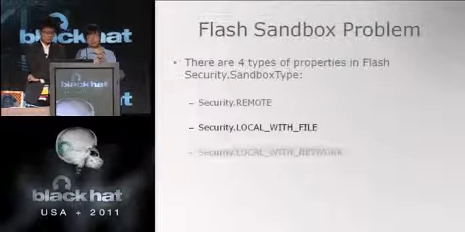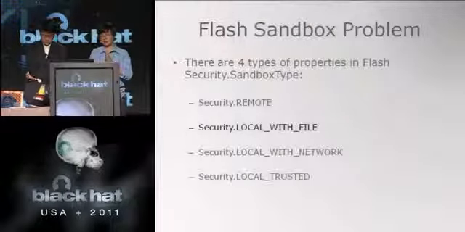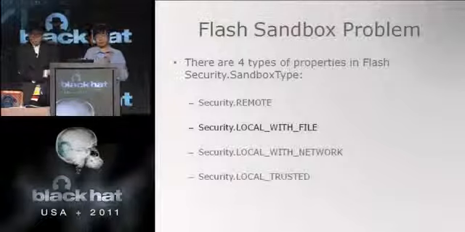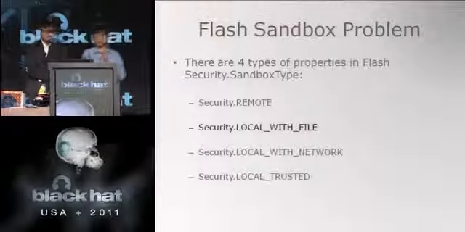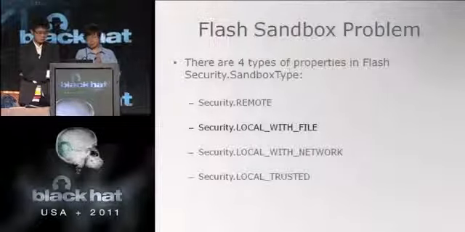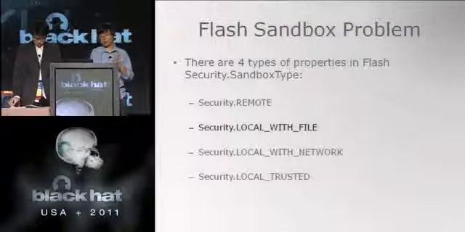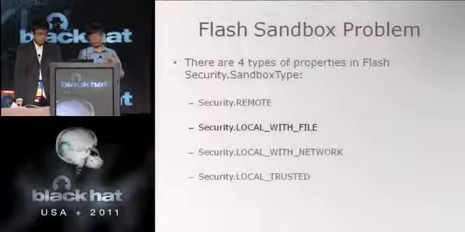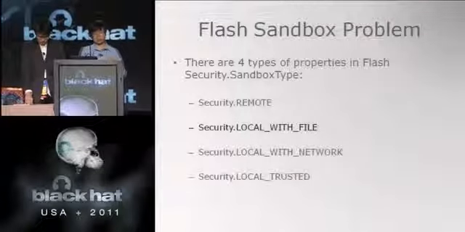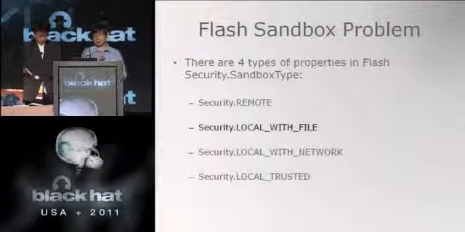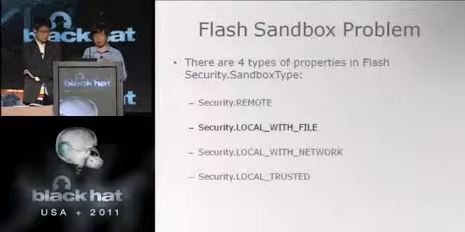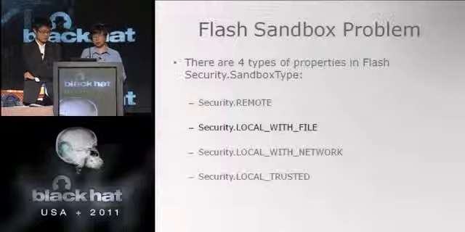We take this Flash sandbox flaw as the example. There are 4 types of Flash sandbox settings. The basic idea of the default settings is if you can access the network, then you cannot access local resources, and vice versa, if you can access local files, you cannot connect to the network.